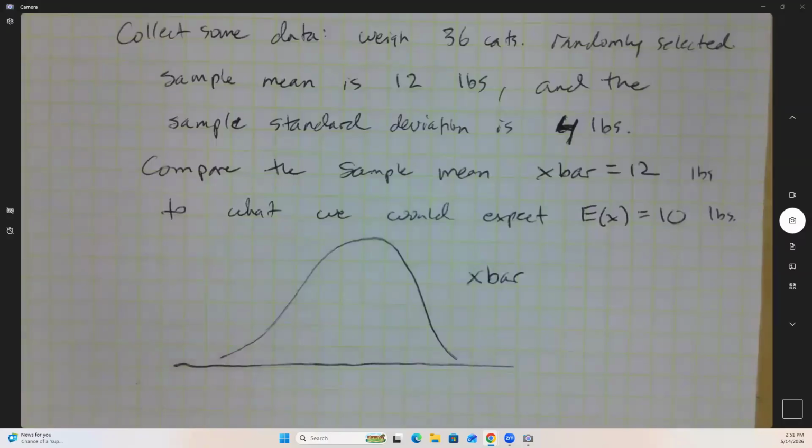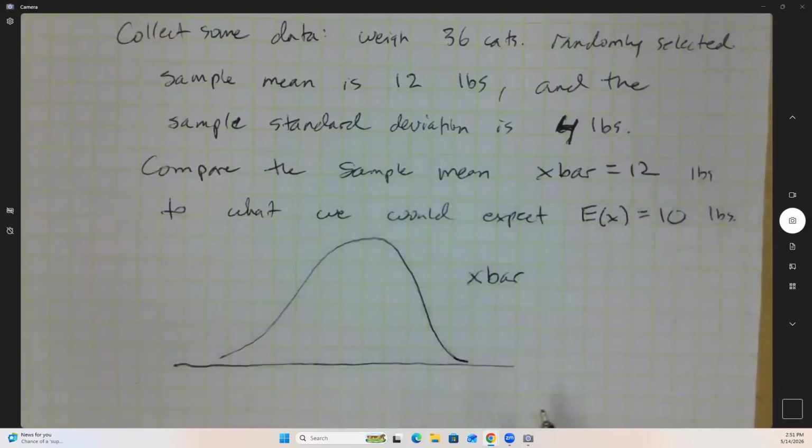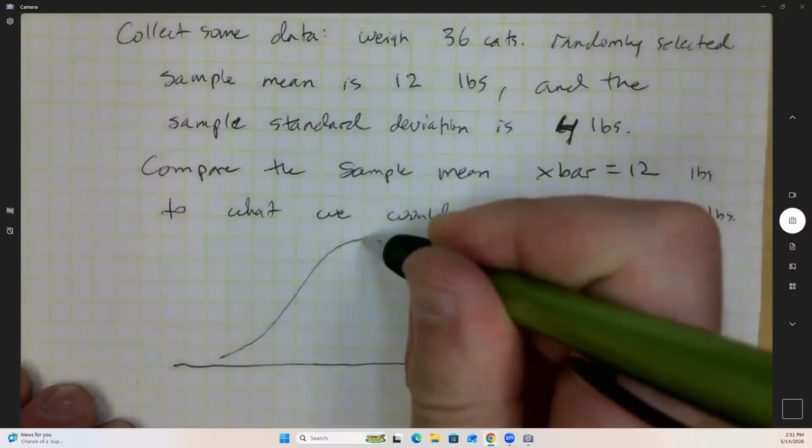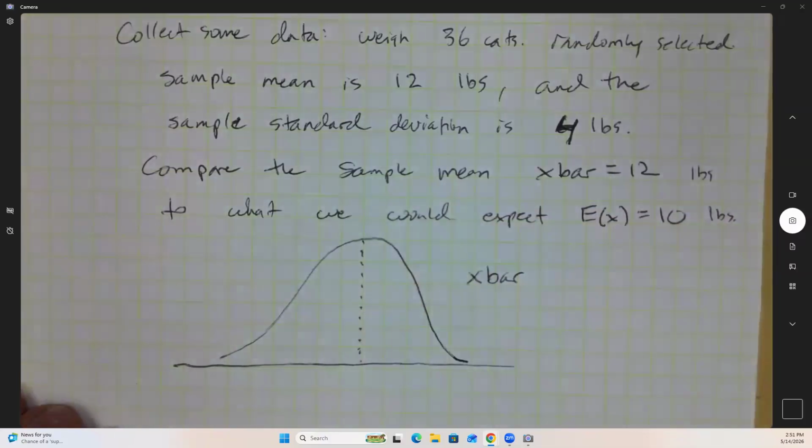But we know because of the central limit theorem that whatever sample we did collect should come from this type of probability distribution. And what's the center of the probability distribution? What's that value there? No, actually, 10, because we're assuming we live in Kansas. We're assuming we live in the boring world.